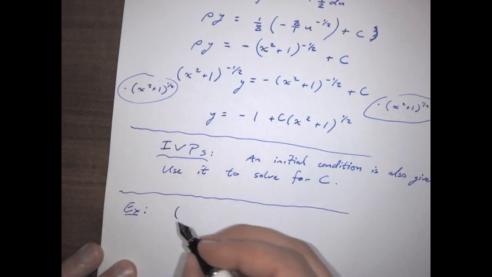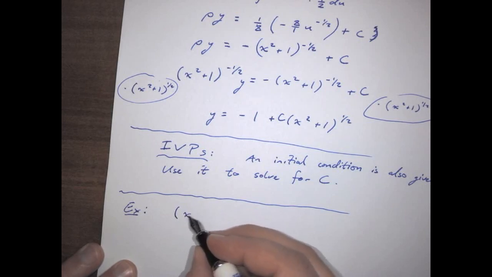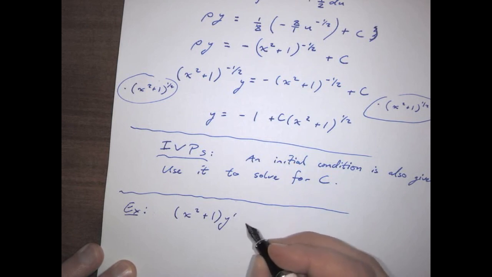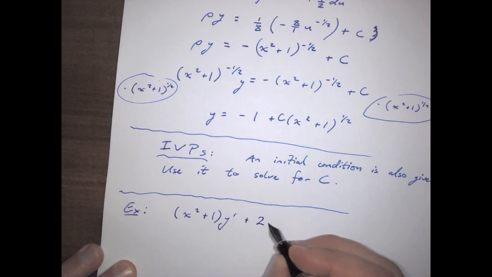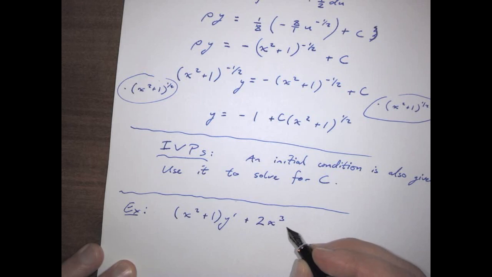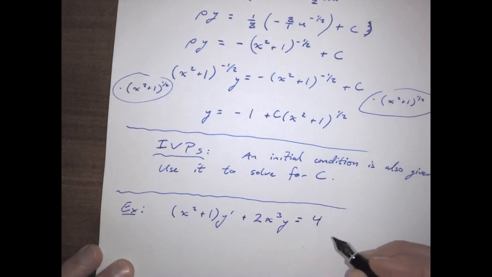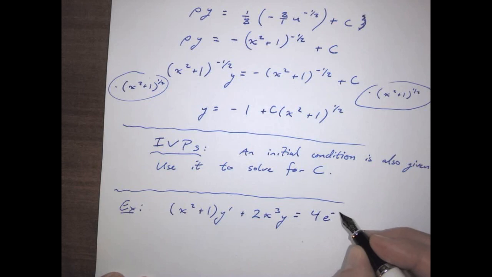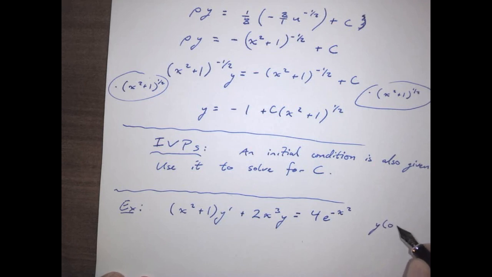Let's take x squared plus 1 y prime plus 2x cubed y is equal to 4e to the negative x squared and an initial condition of y naught equals 1.